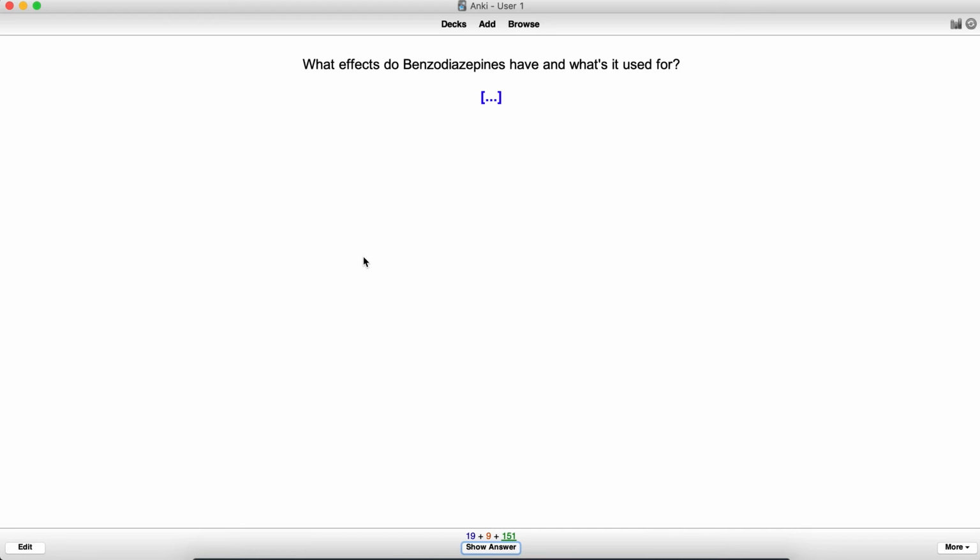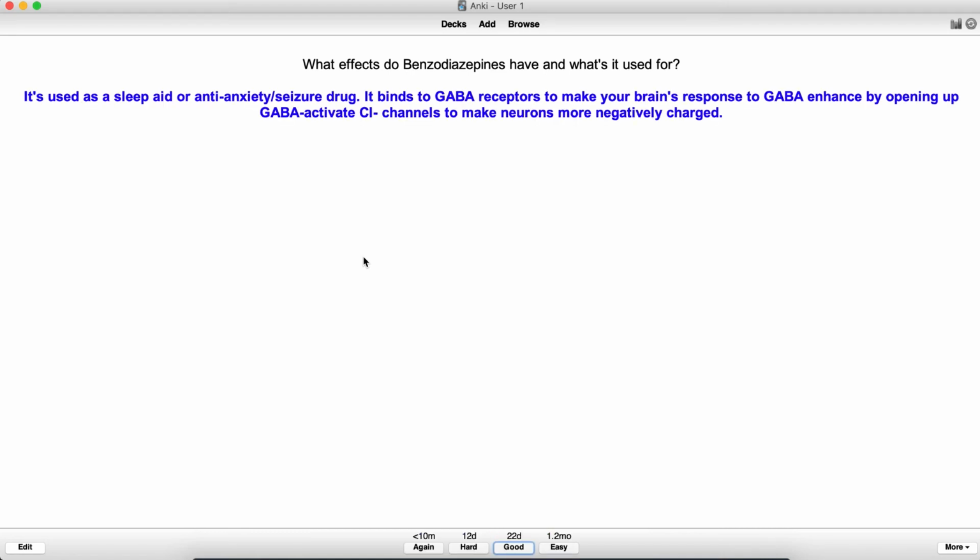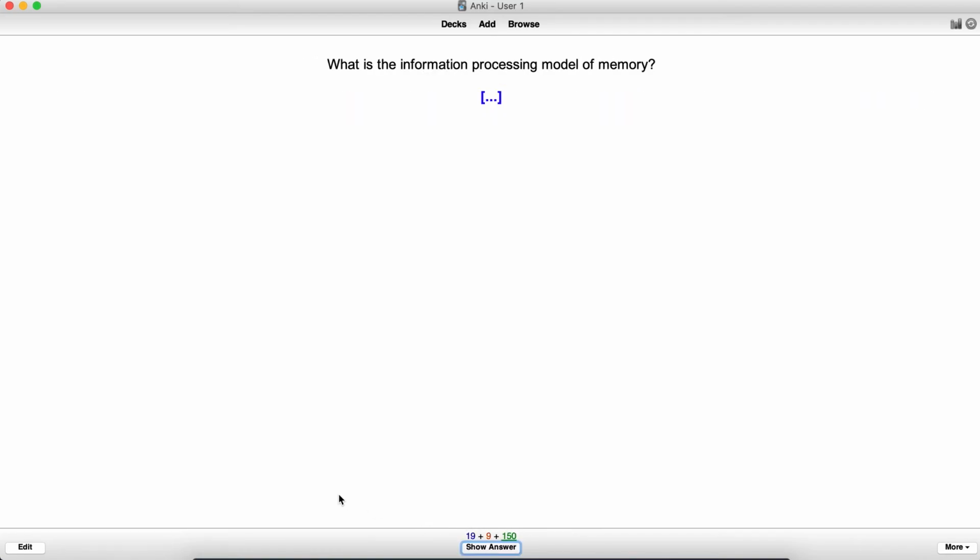I think it also increases your brain's activity of GABA, which opens up chloride channels to make neurons more negative. Anti-anxiety, seizure drug. Lowers CNS. Binds to GABA receptors, enhances GABA by opening chloride channels, making neurons more negative.